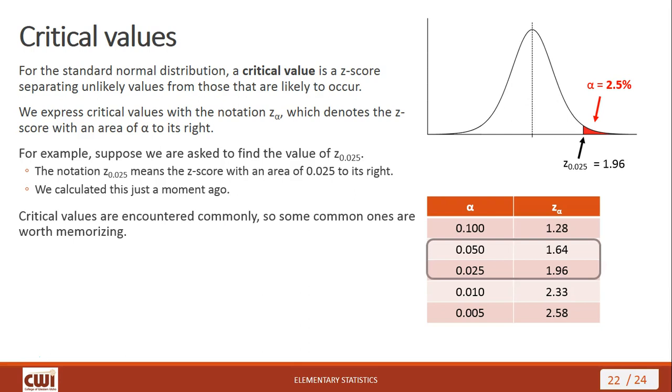The two most common critical values are here. So the values for the area under the curve, that is 5% and 2.5%. These z-scores are 1.64 and 1.96 respectively. These are your most common critical values that are used.